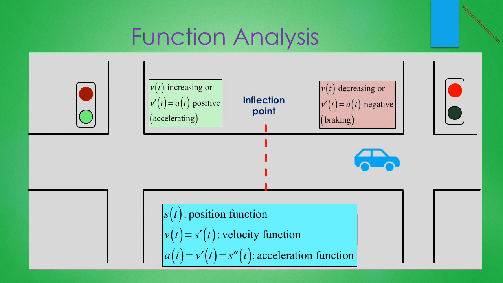Your hope is that the next light will turn green, but it doesn't. At some point between the two lights, you must make the decision to stop accelerating and begin braking.